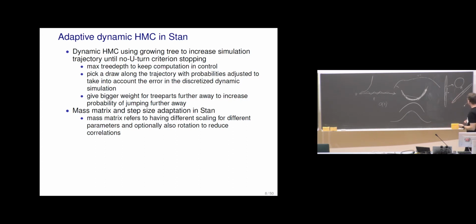In addition to these scalings and rotations, these posterior distributions can also be like these bananas, and we are not able to make them look like this just by scaling and rotating, or we may have shapes like this. Again, just by scaling and rotating, not possible.